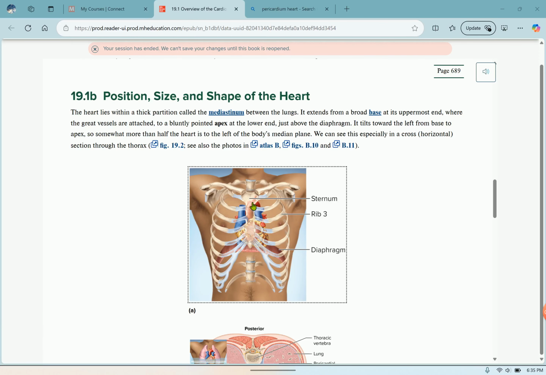Okay, the heart is protected by the ribs and the sternum. Now, we have this apex.